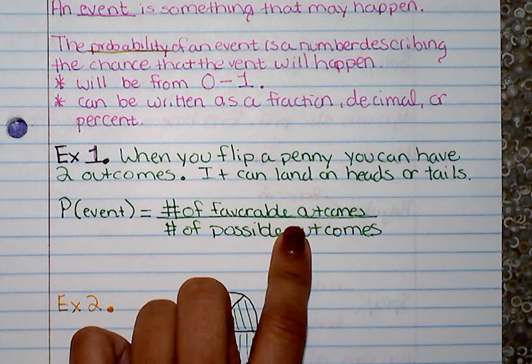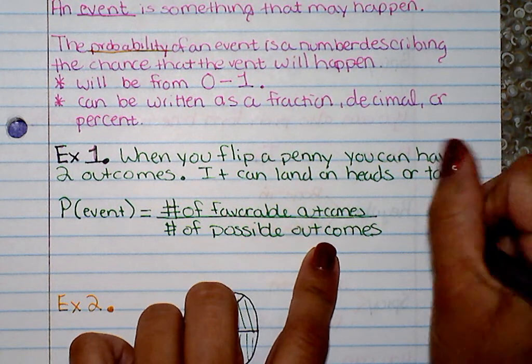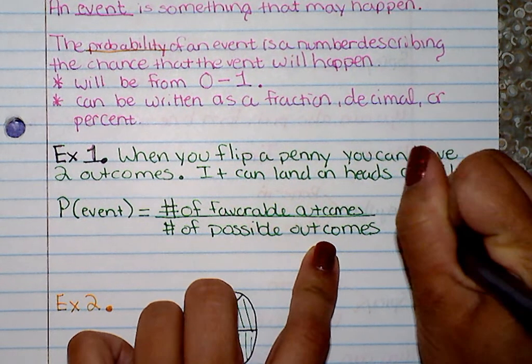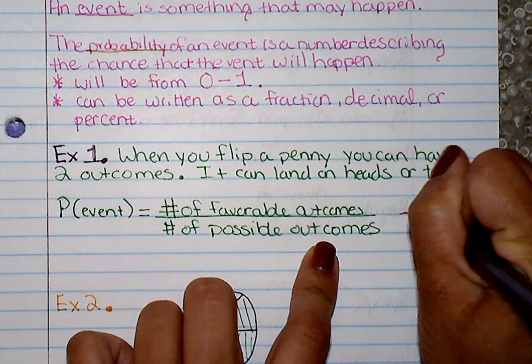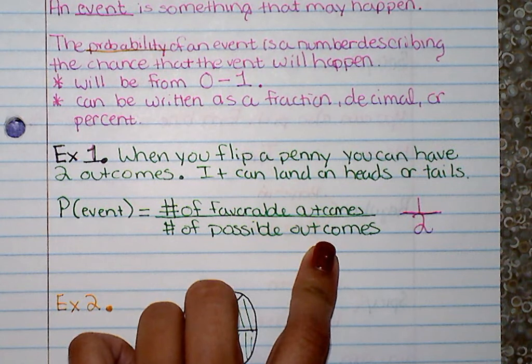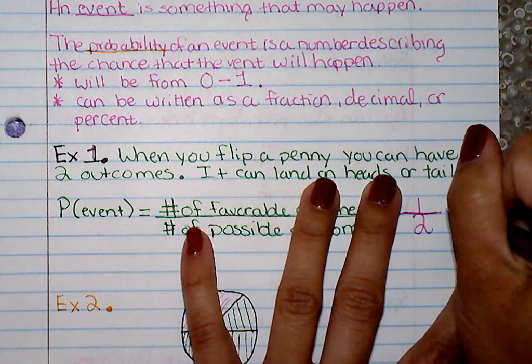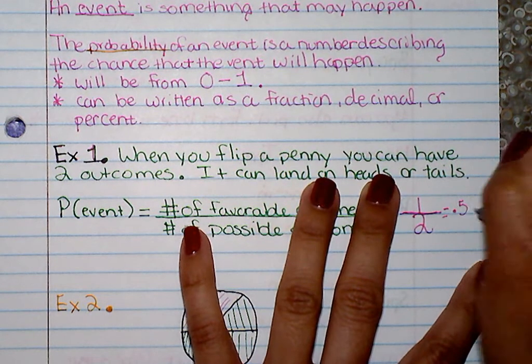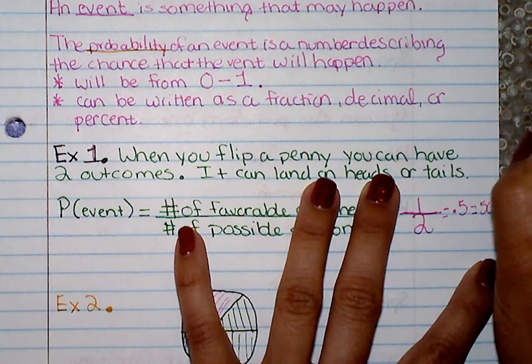So let's look at the favorable outcome of heads. If you flip a coin, how many outcomes can you have? Well, you're either going to get heads or tails. And if we're talking about heads, it's going to be 1 out of 2, or 5/10, or 50%.